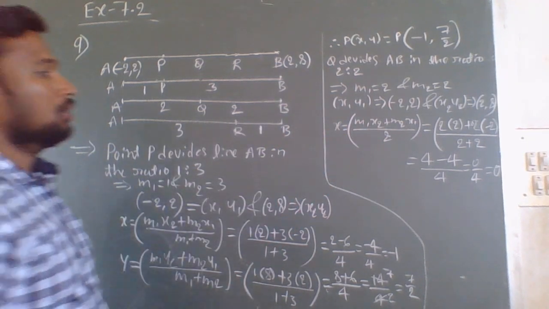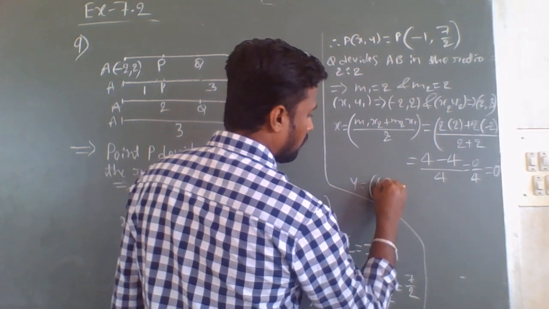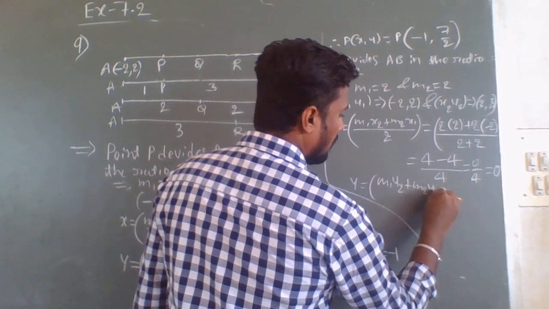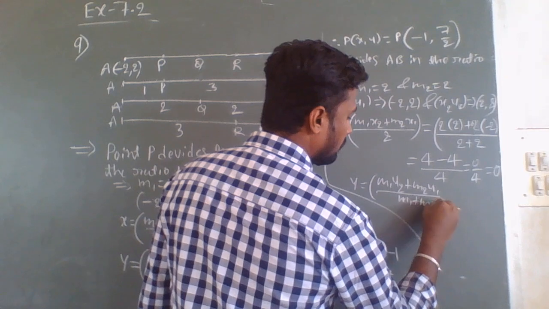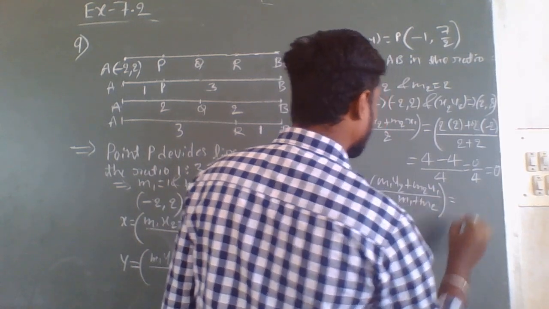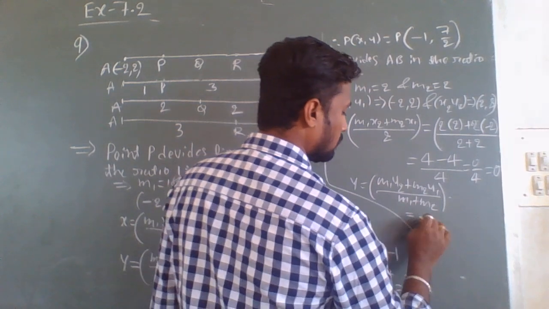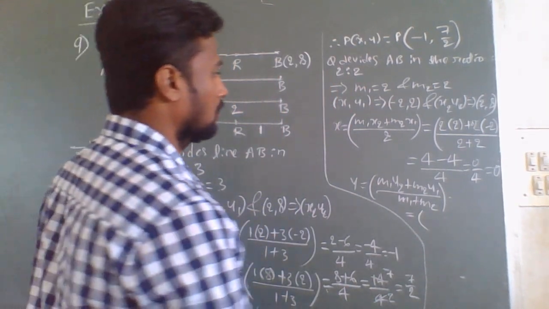So now, the next one, the y coordinate value. The formula is m1 into y2 plus m2 into y1, divided by m1 plus m2. What is the m1 value?